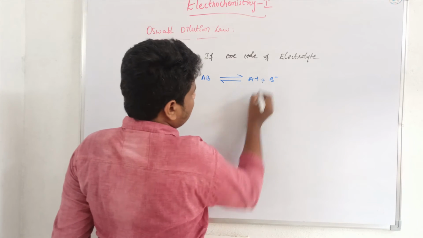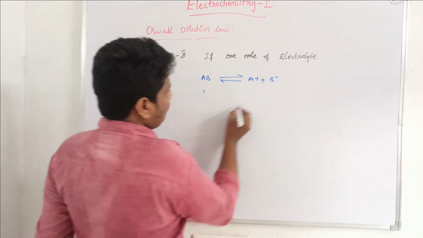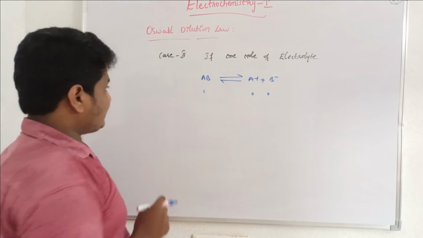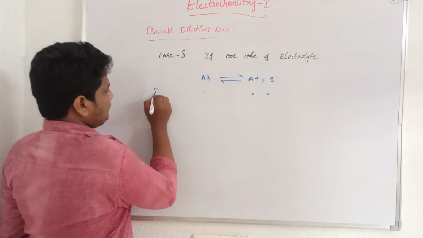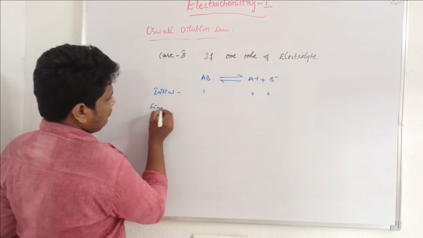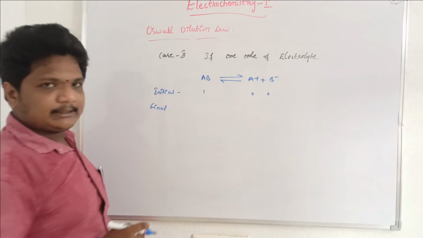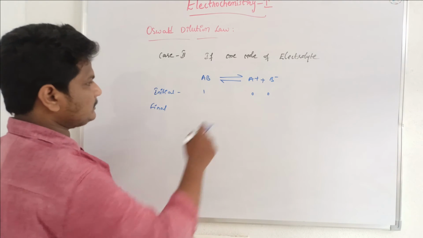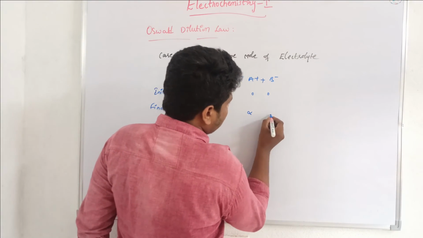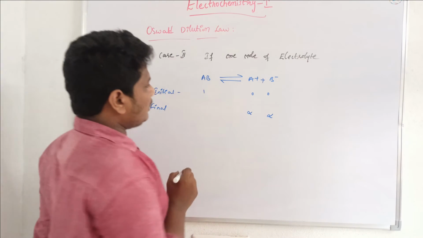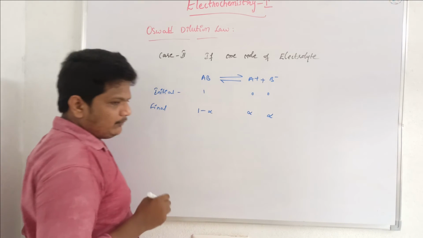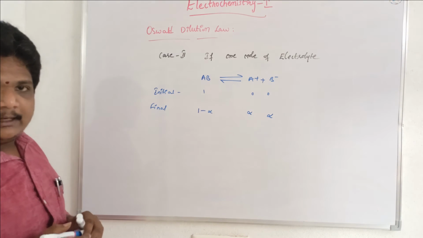Initially it is present as 1 mole and does not undergo ionization. At the final stage it undergoes dissociation, giving alpha moles of A plus ions and alpha moles of B minus ions. The undissociated part is 1 minus alpha.